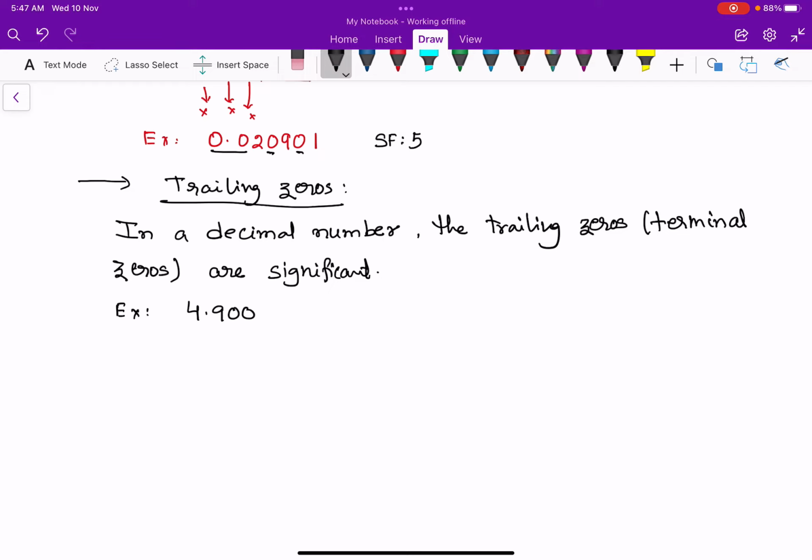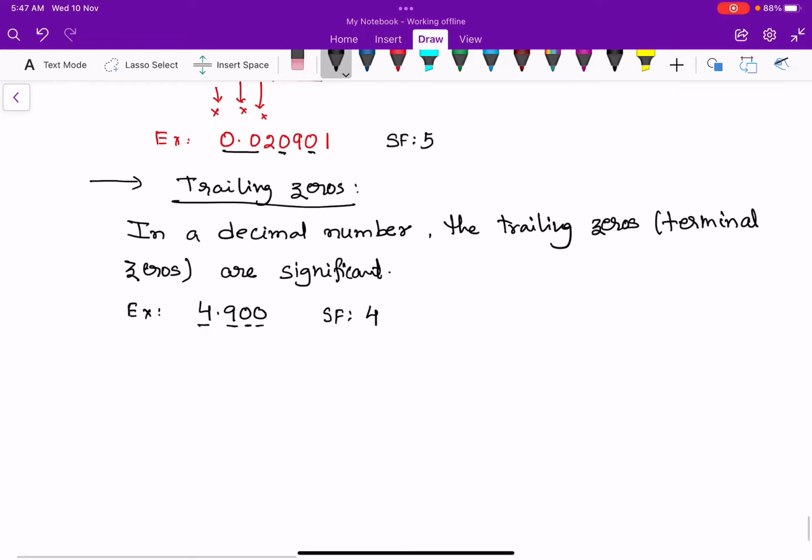Example, 4.900. Significant figures are 1, 2, 3 counted, 4 counted. Significant means considered. Another example, 0.02300, right?